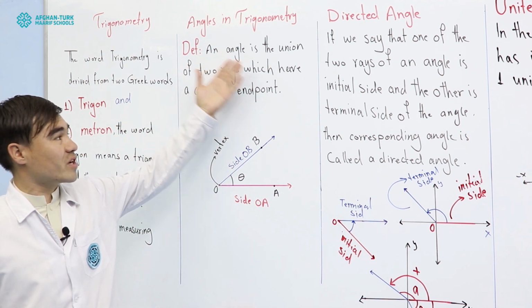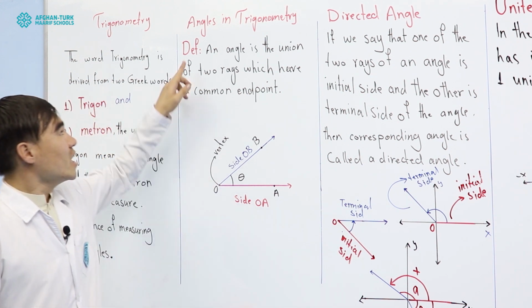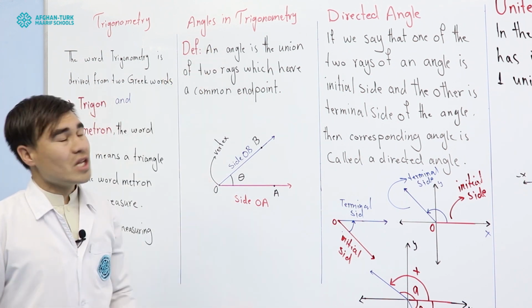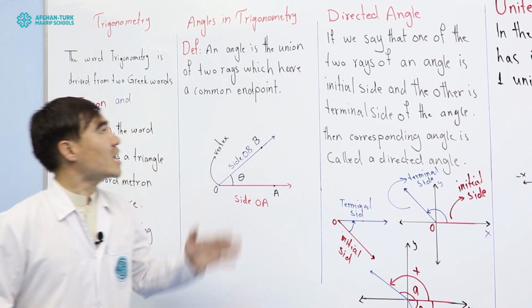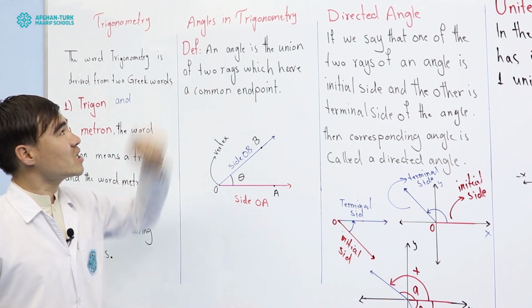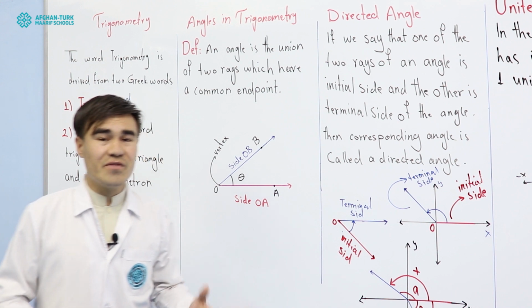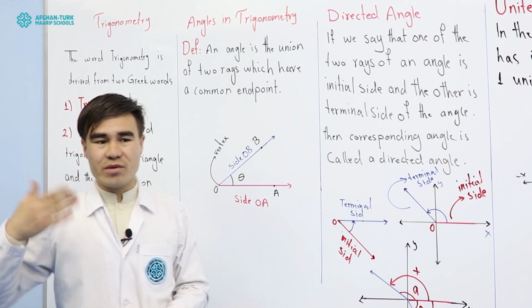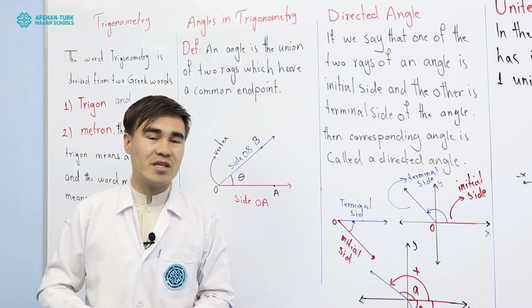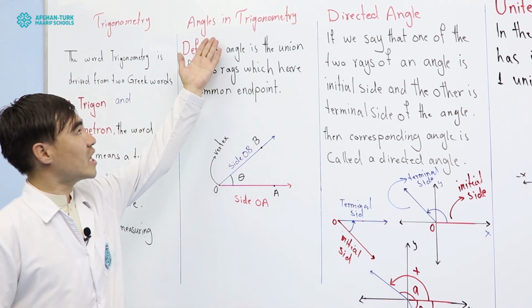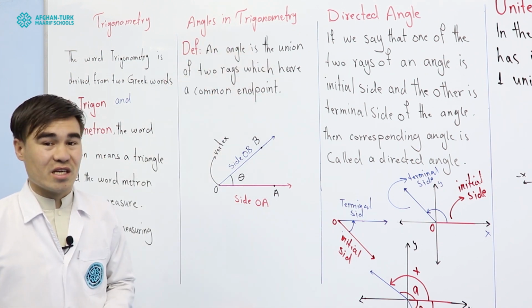I wrote the definition here; please note it and memorize it. Angles are an important part of trigonometry, because every time we define the ratios and the trigonometric functions, we will have angles, and we define the functions according to the given angles.